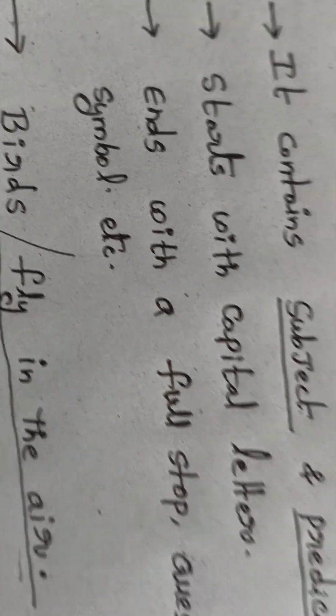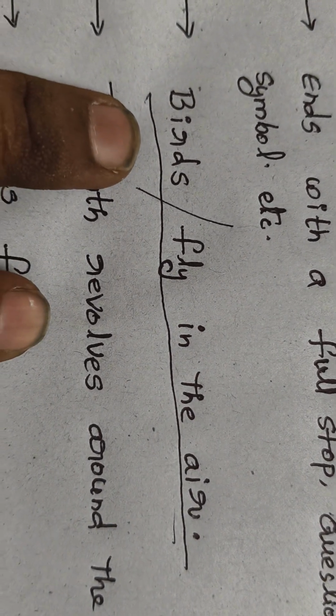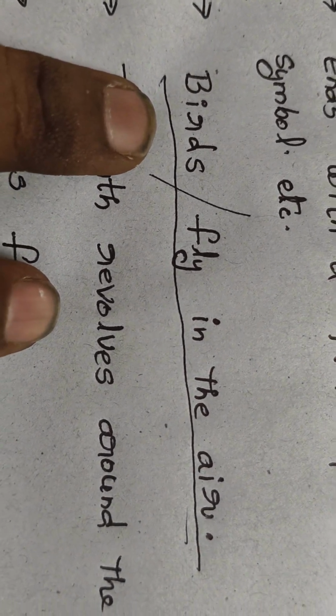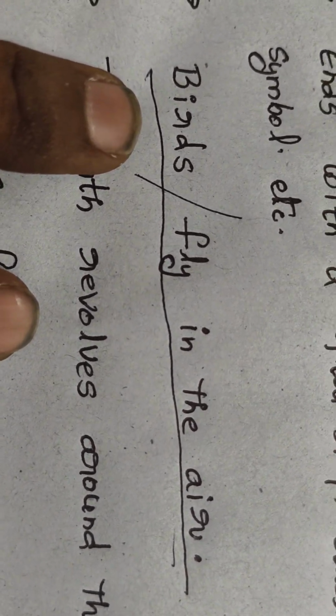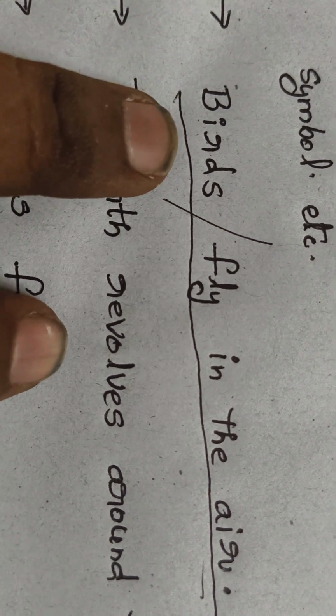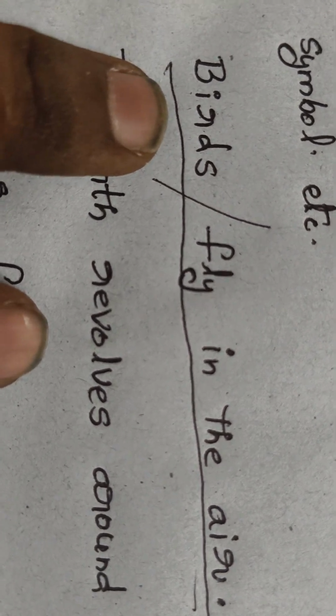Now once again, what is subject, children? Subject means what we are going to say, what we are going to talk about. But subject may be a single word or sometimes a group of words.